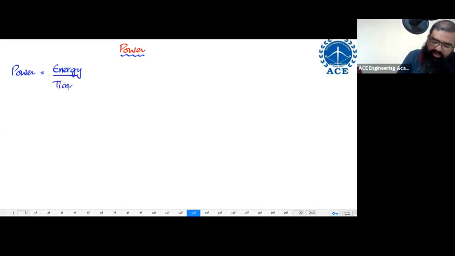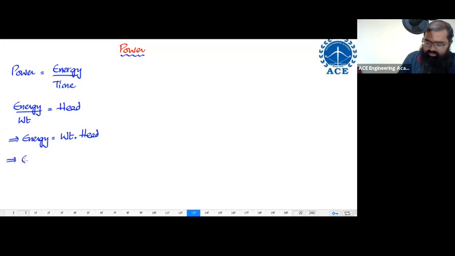And energy per unit weight is equal to head, which implies energy is equal to weight multiplied by head, which implies energy is equal to m times g multiplied by head.